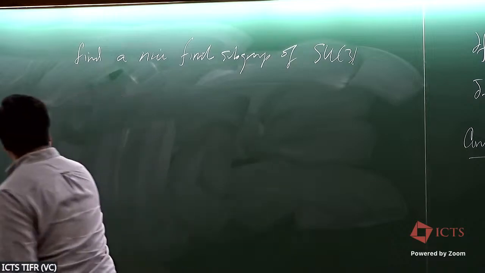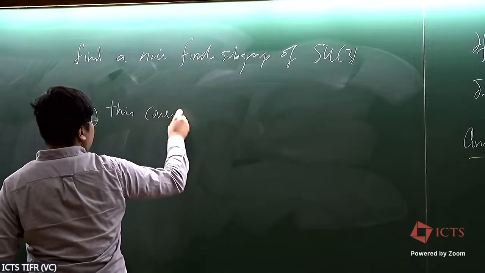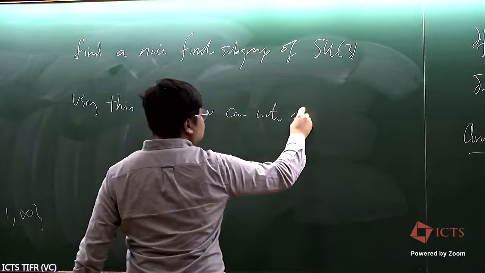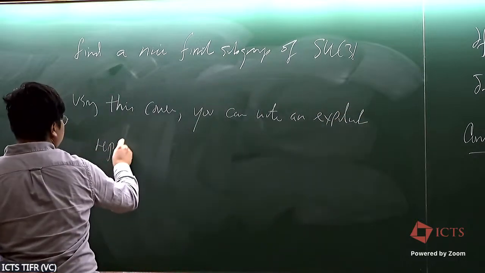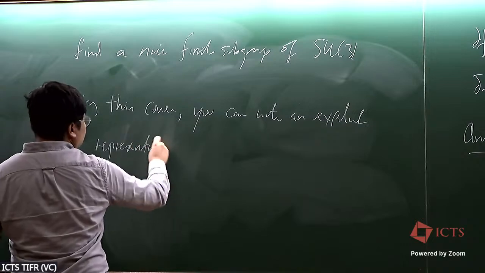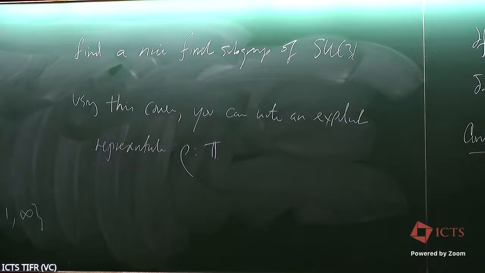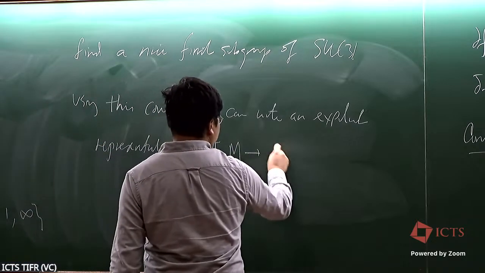And using this cover, you can write an explicit representation, rho, which takes me from the fundamental group. Let me give this surface a name, M, into SU3.